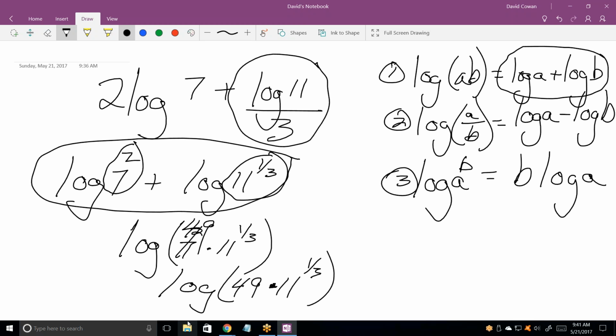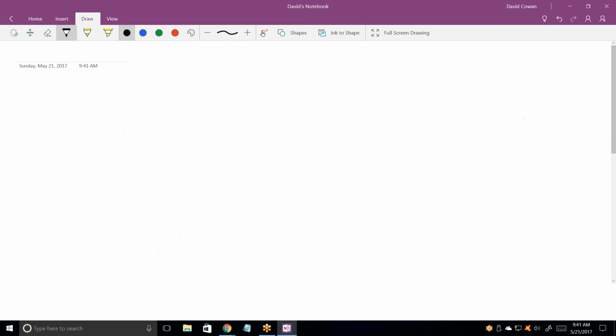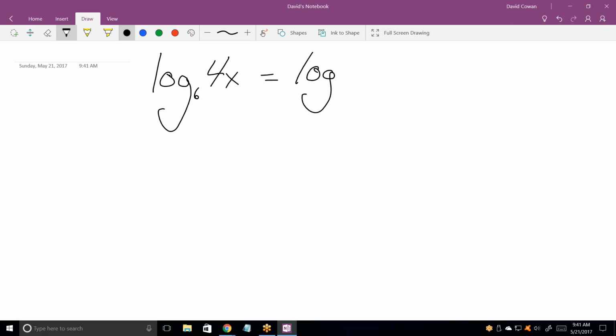All right. Okay, what else? The next one is just solve the equation log base 6 of 4x equals log base 6 of 3x plus 10.